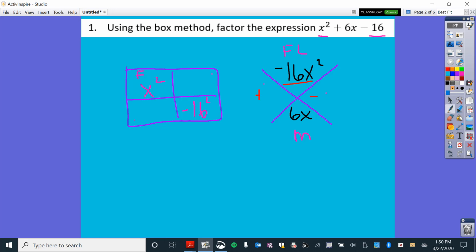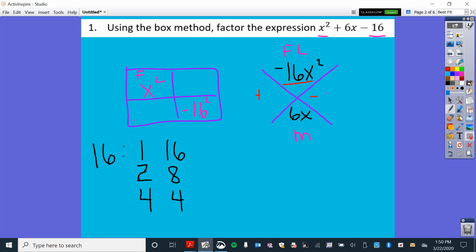So we're going to go over here and we're going to write our factors. So our factors for 16, we have 1 and 16, we have 2 and 8, and we have 4 and 4. So which of those factors are going to subtract to give you 6?